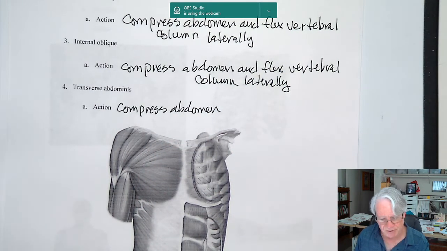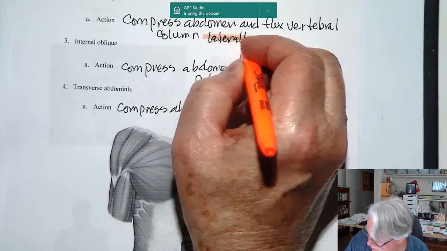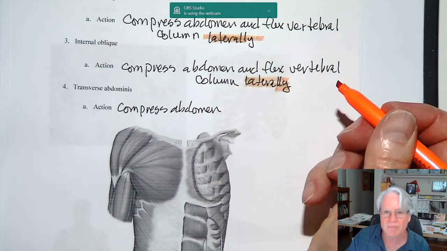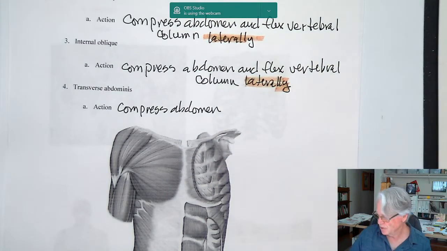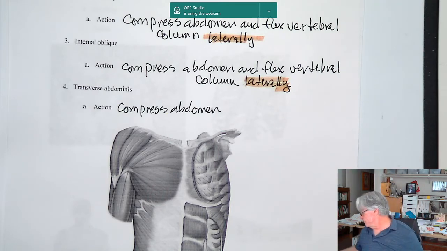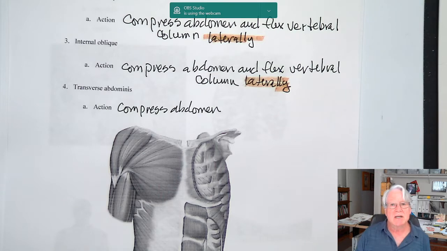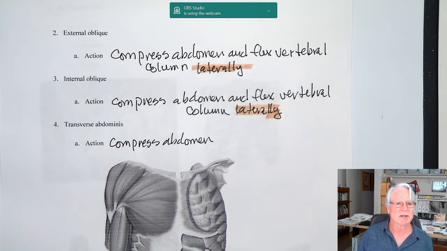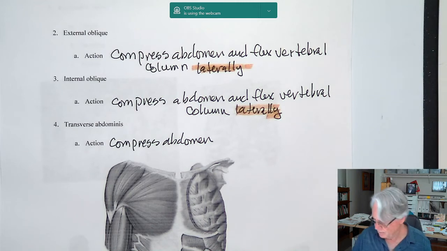So I just want to emphasize this because this is kind of important. I didn't write that down originally, but I want to make sure you see that laterally, not flexing the vertebral column, which is a bending or a sit-up type movement, but laterally to the side, for both the external and internal oblique. Okay.